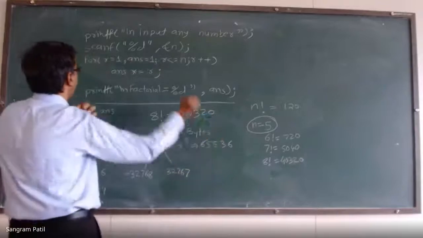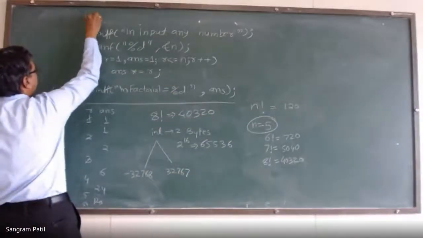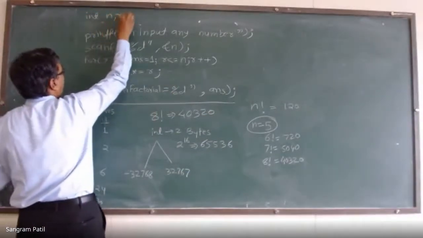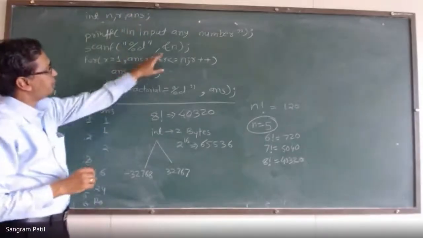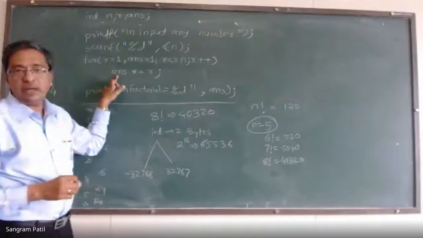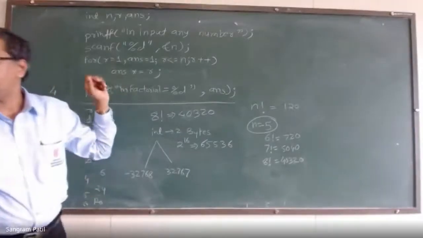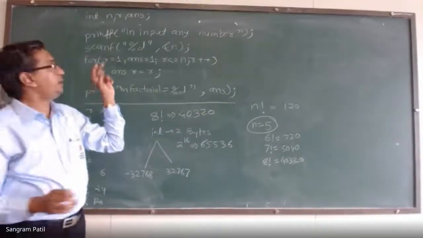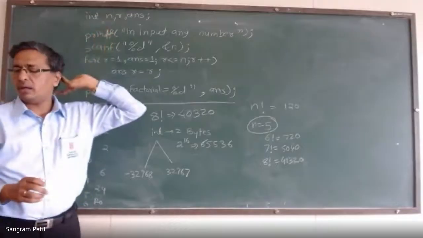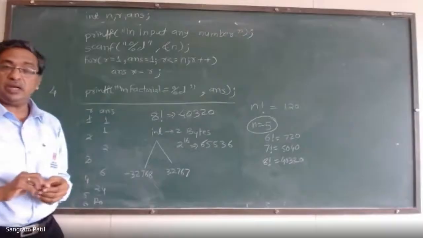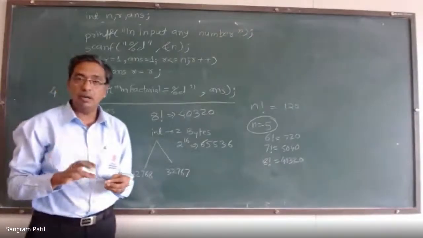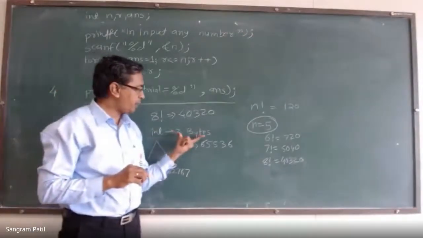Now, if we take the declaration part, in declaration we write n, r, ans like this. We have these 3 variables n, r, and ans. Whenever we declare any integer variable, the compiler allocates 2 bytes.